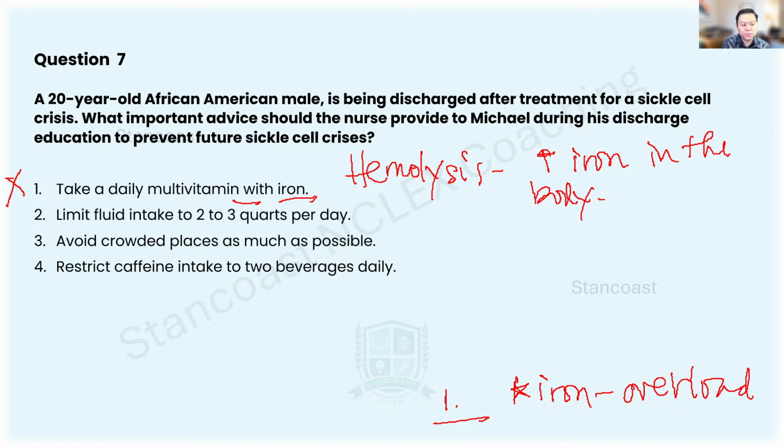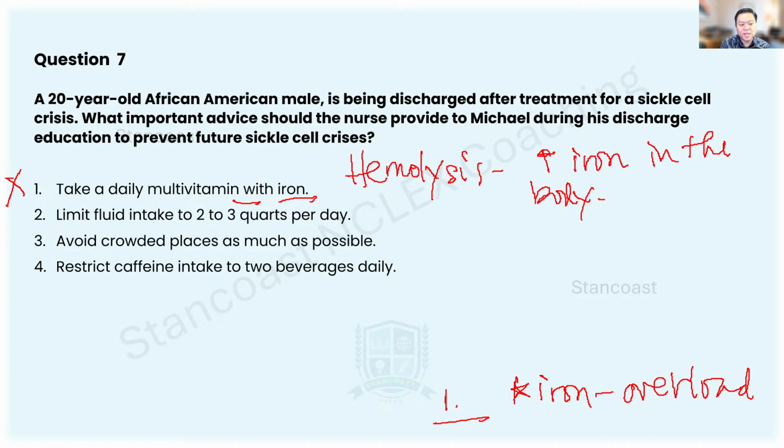What about number 2? Limit fluid intake to 2 to 3 quarts per day. That is going to cause the vaso-occlusive crisis, so we better not do that. We want to make sure that our patient is adequately hydrated.